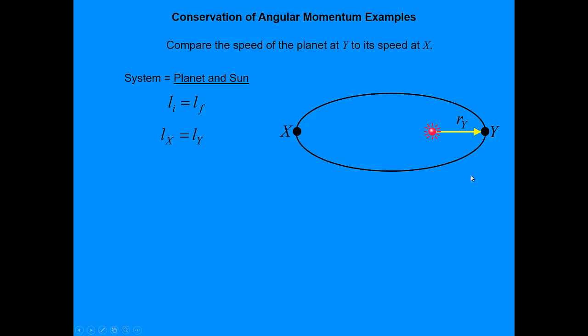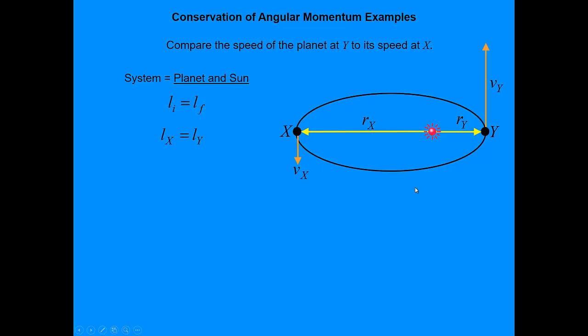So here is ry. This is the distance from the sun to the planet at y. At this point, if we're assuming that it's rotating counterclockwise just because, the velocity will act tangent to that. So this is Vy. Meanwhile, over at x, there's Rx, and there is Vx.